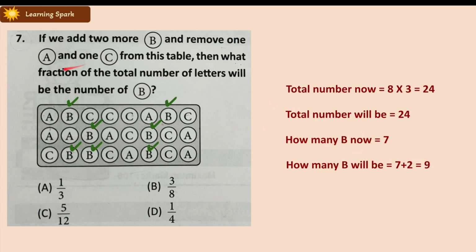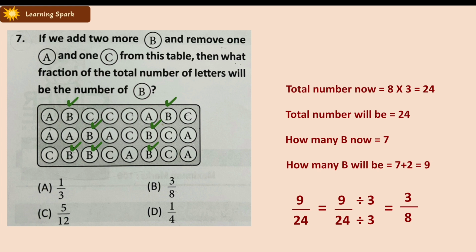Okay, and then it wants to know what would be the fraction of the B's with respect to the total number of letters. So B is 9, and together the letters are 24, so 9 by 24 is the fraction.